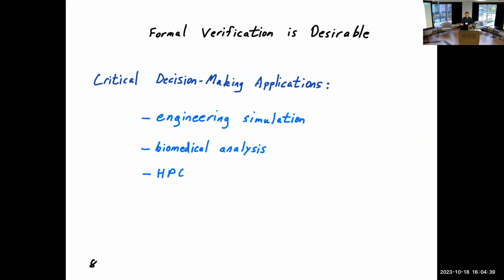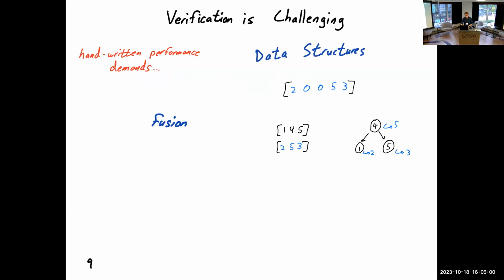Another application that might appeal to you is one where you'd like to be able to test your code on a simple machine, say your laptop, and then trust that a highly optimized version that generates code for a distributed system or maybe an accelerator is going to produce exactly the same result. That's one of the applications we have in mind.